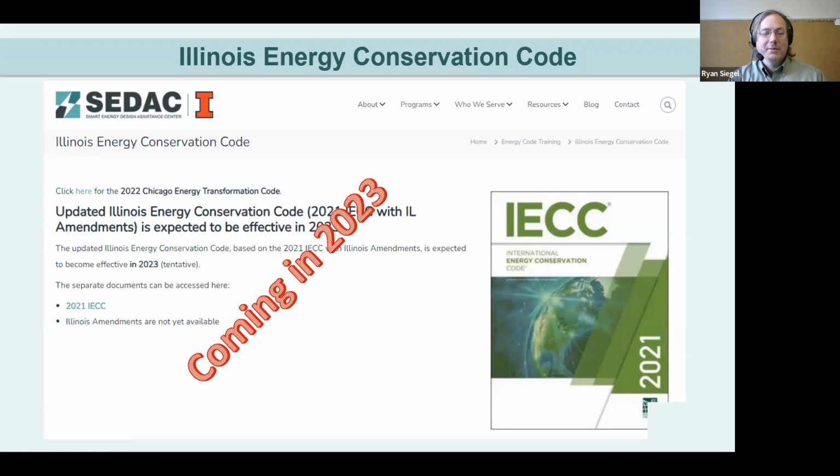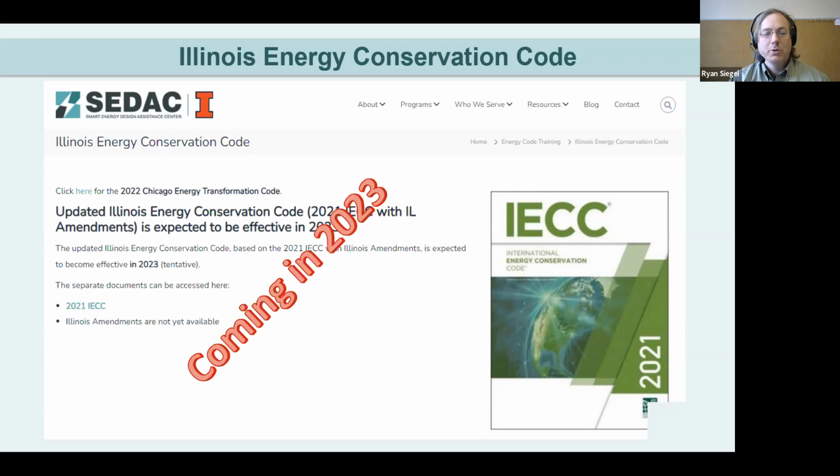The big question that I'm sure is in everyone's mind is, when is the state of Illinois moving to the 2021 version of the International Energy Conservation Code as the basis of the Illinois Energy Conservation Code? It is continuing to move through the process. At the moment, it is projected to be sometime this summer.